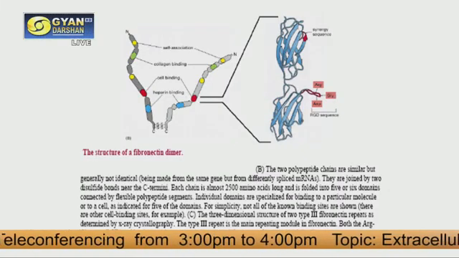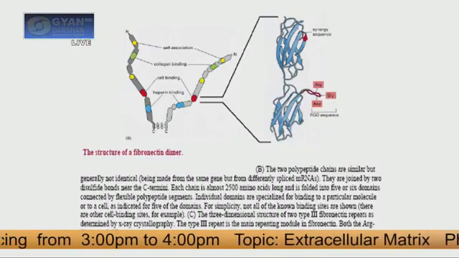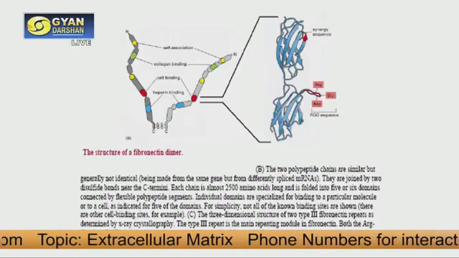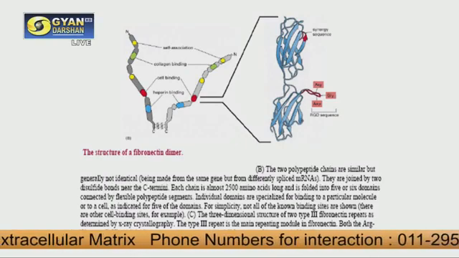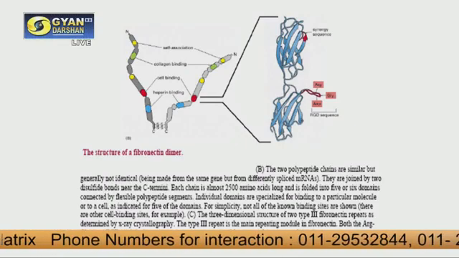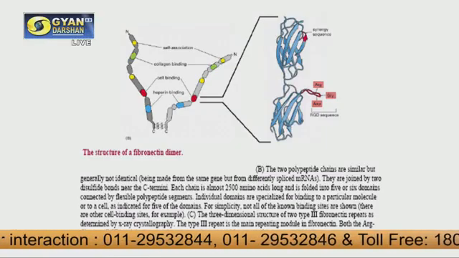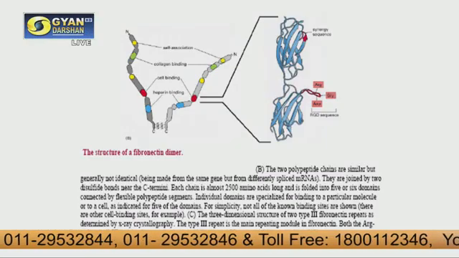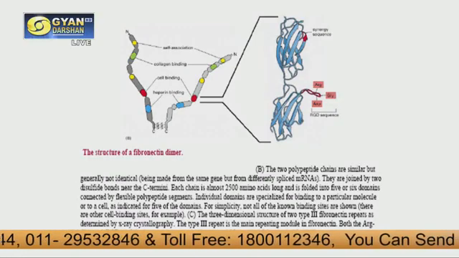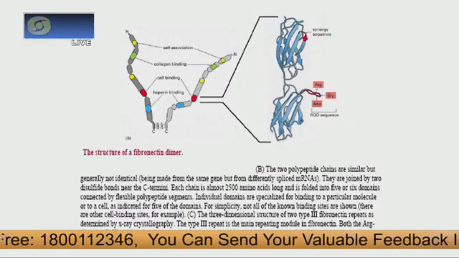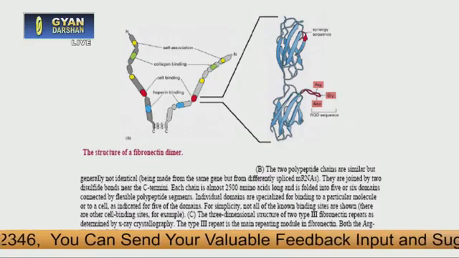And another important point is that these structures have a conserved amino acid sequence which we call RGD. RGD means arginine, glycine and aspartic acid. So these are the three conserved amino acids which are present in this fibronectin structure.